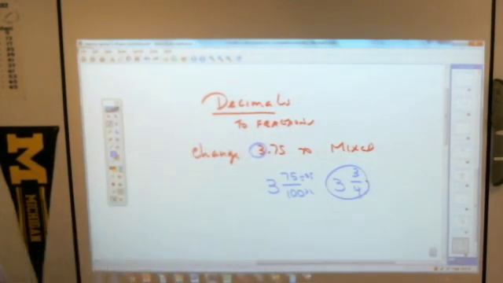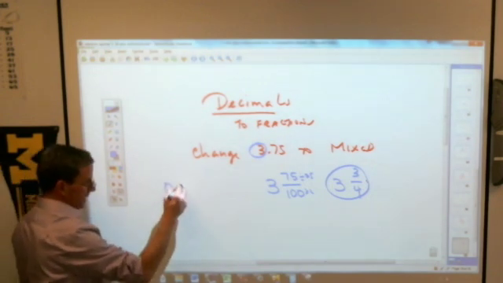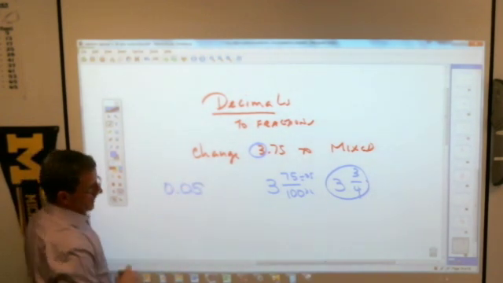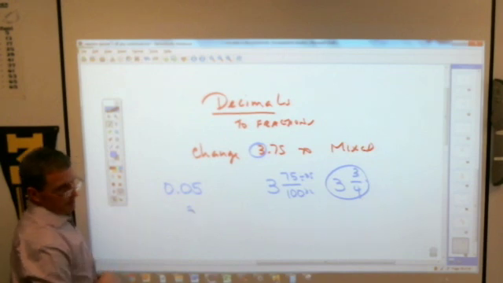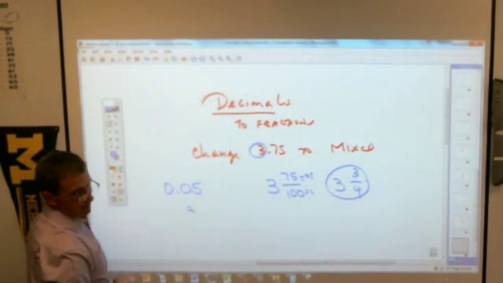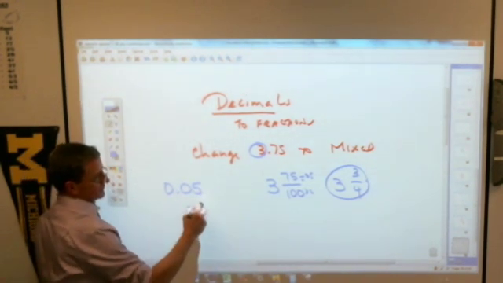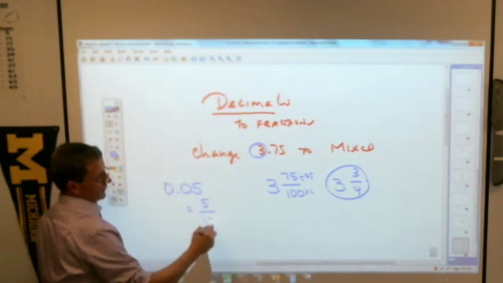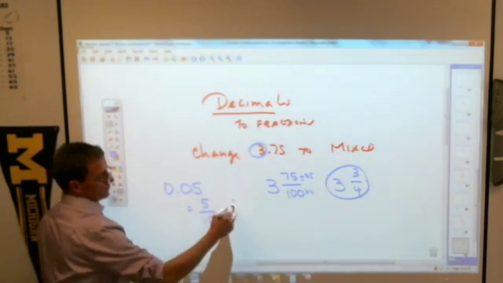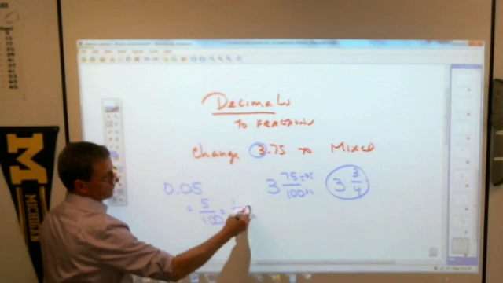Another one they might give you is this. What is 0.05 as a fraction? 5 over 100. And again, that would reduce to 1 over 20.